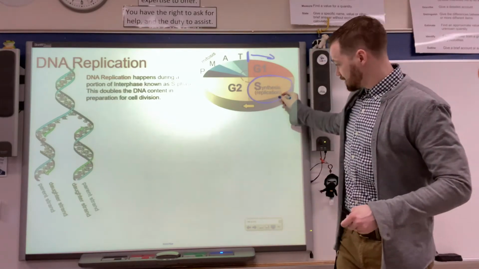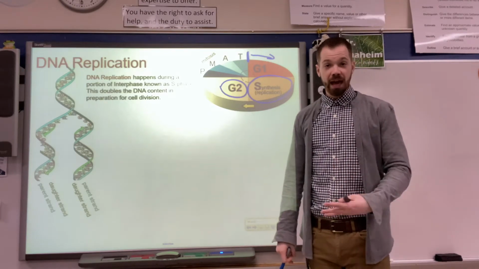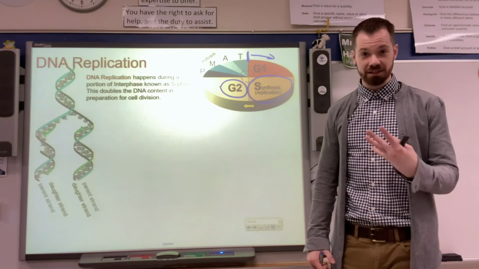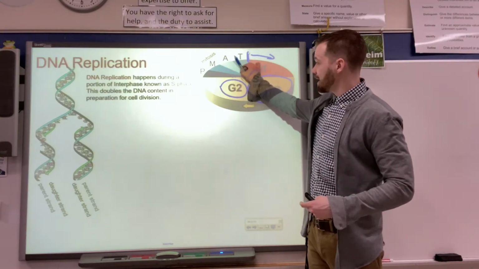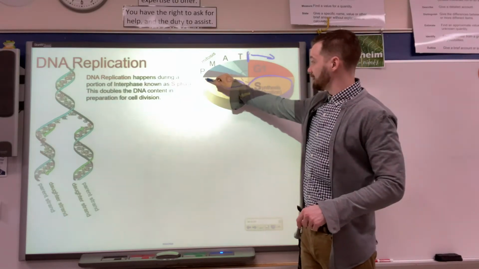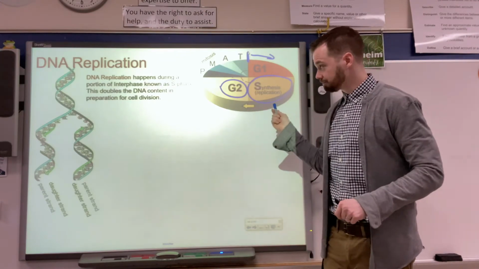After synthesis, cells go on to growth 2, they grow some more, and after growth 2, that is when they might actually do their cell division. They might divide. So right here, P, M, A, and T are all different phases of mitosis, and at the end of that, you create two cells that start this cycle again.